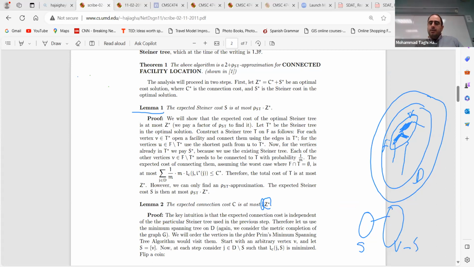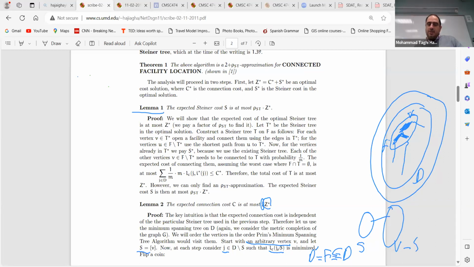Okay, so what is the process? This is Prim's algorithm. Start at an arbitrary vertex V. Let S equal V. Now at each step, consider a vertex J that belongs to D minus S. Note that here this F is essentially the D prime that I talked about, which is a subset of D. I will consider a J such that LC of J to S is minimized.